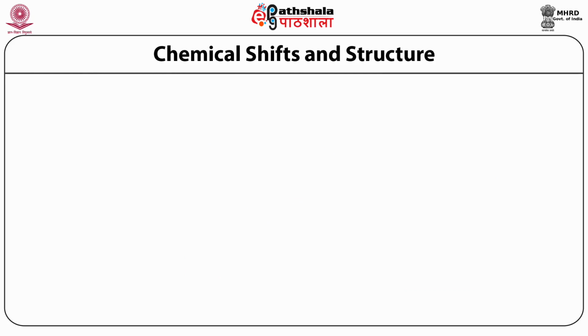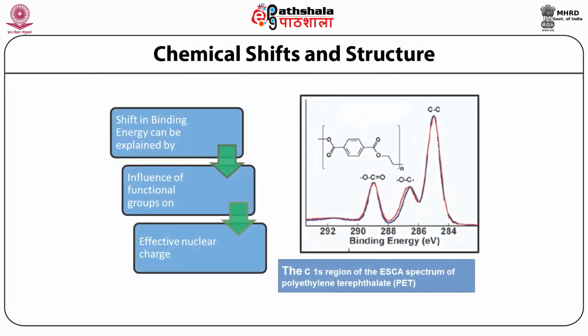Chemical shifts and structures. Shift in binding energy can be explained by two factors: one, the influence of the functional group, and secondly, the effective nuclear charge.